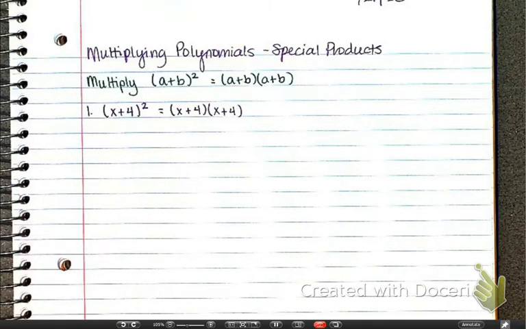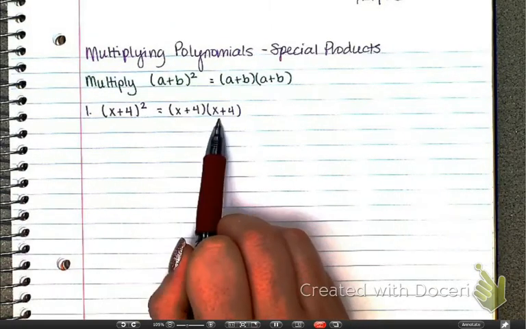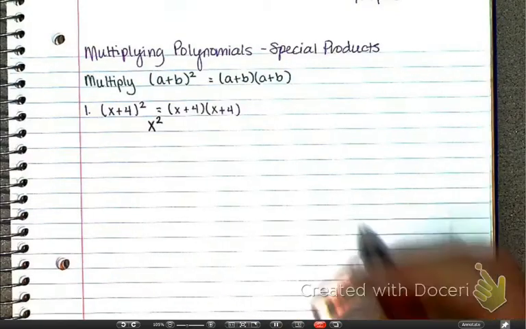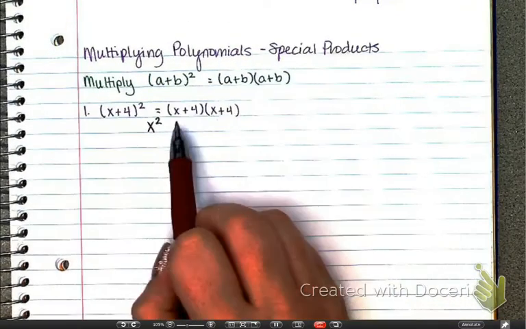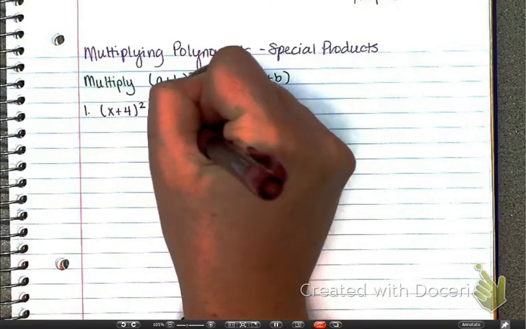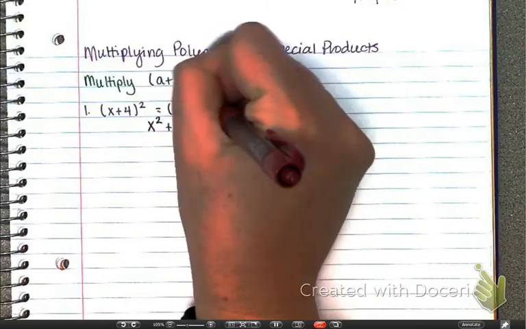So let's multiply. I'm going to just distribute because I don't really want to draw a box right now. So x times x is x squared. X times 4, 4x. So I took the first one and I distributed to both terms.